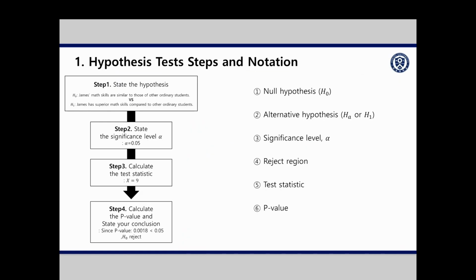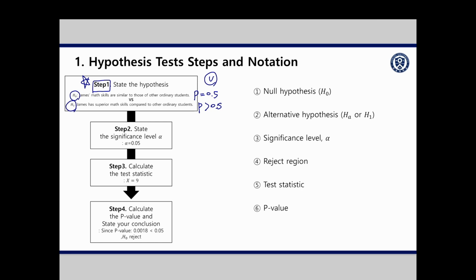The process of hypothesis testing can be summarized as follows. Step 1 is to set up the hypothesis. It's very important. In this case, H0 states that James has a probability of solving math problems, that is the probability P, equal to 0.5, and the alternative hypothesis is that the probability is greater than 0.5.